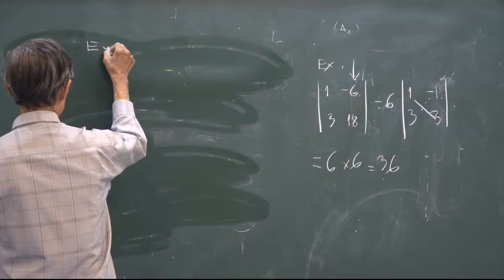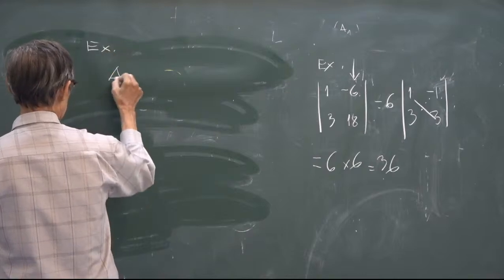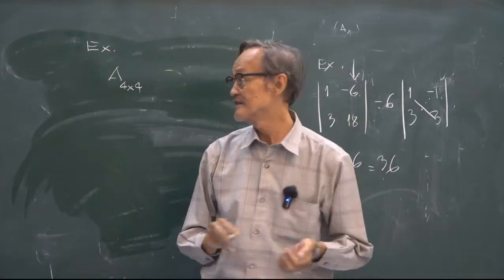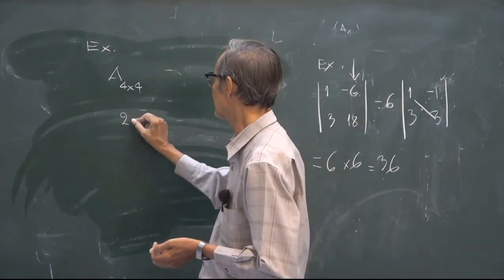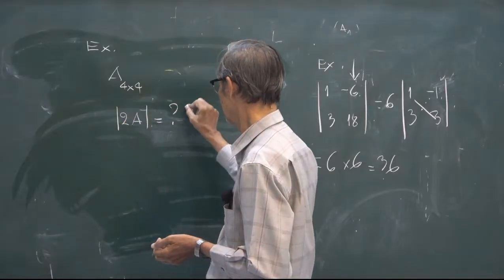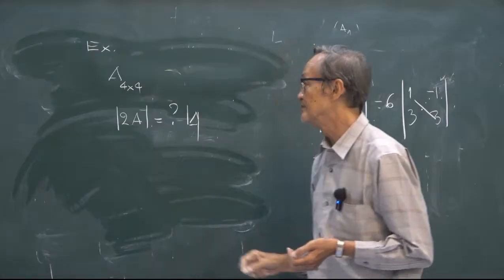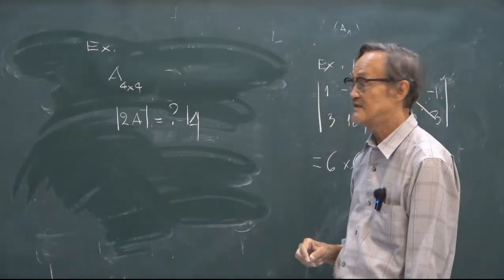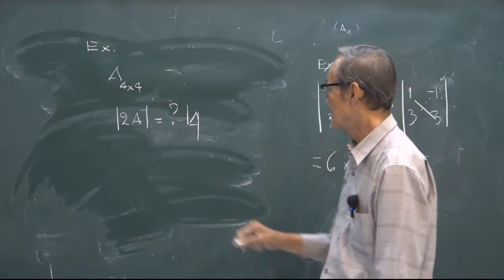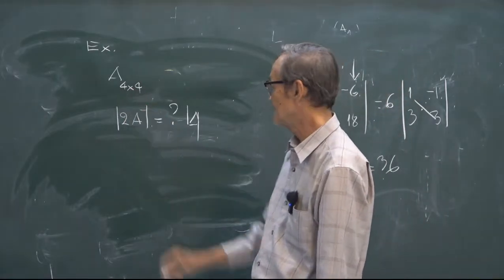For example, A is a square matrix, 4 times 4.